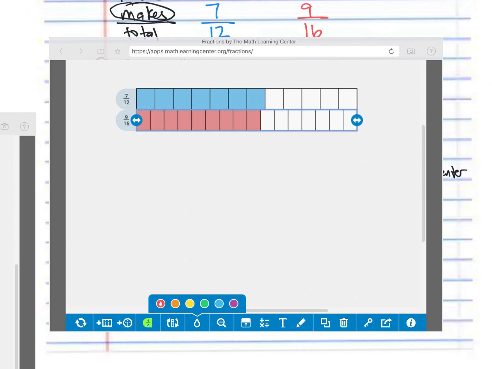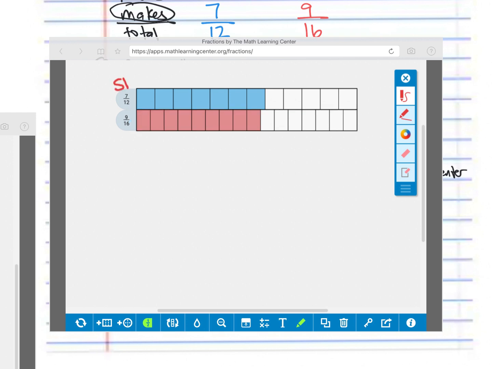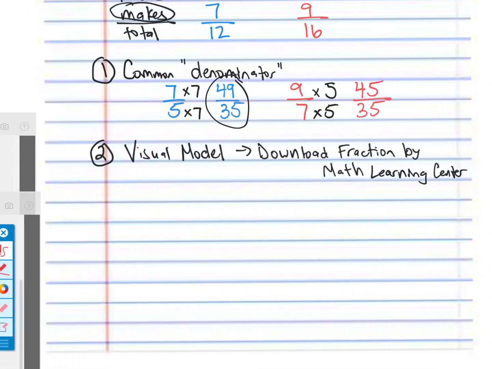So once again, we see that Shahid would be the better shooter in this case if we're comparing Shahid to Mateo. Right, so kind of labeling it to help show our thinking. So that's our second one, is we can use that fraction app.